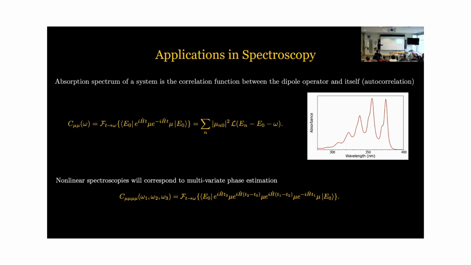Sometimes you can do omega-1, omega-2, and then this one is omega-1 plus omega-2. So it turns out to be a two-dimensional, two-variate function that corresponds to a specific type of Raman spectroscopy. And there's a whole lot of different things you can do with it. Any questions at this point?